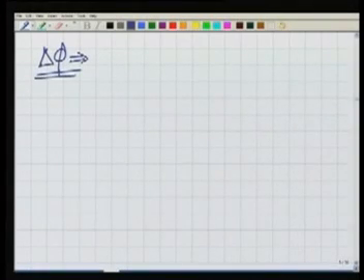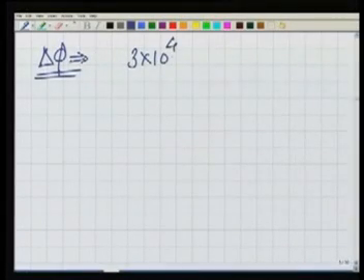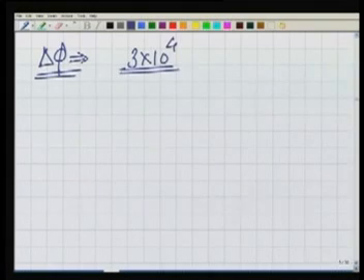Now, there are instruments in the market which can measure this delta phi with a least count of 3 into 10 to the power 4. Let me explain this. What is the meaning of this?